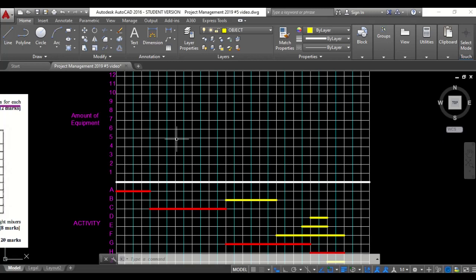But before we get there, to make our life a little easier, what I'm going to be doing is to label each of these activity bars to show the number of equipment for each activity so that it's easy for us to do the tabulation.